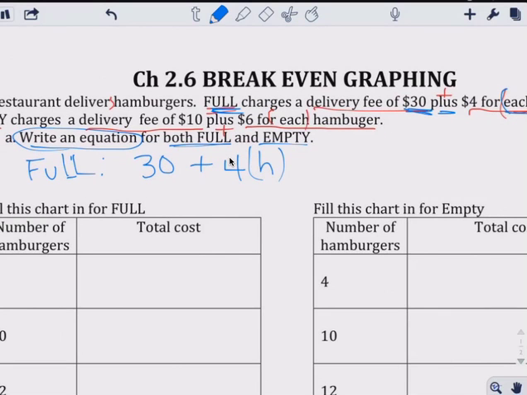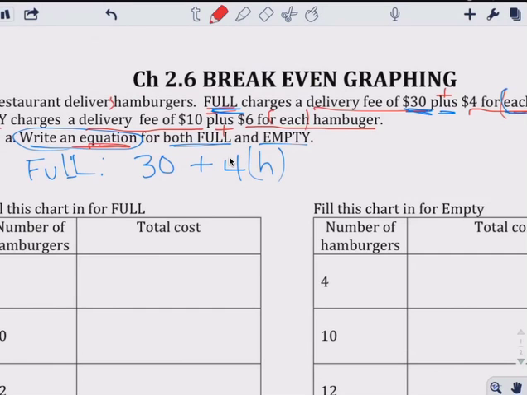Who can tell me what this is called? Expression, Genesis. There you go. Okay? If this is an expression, for it to be an equation, do we know what we need there? We need to fill this out.